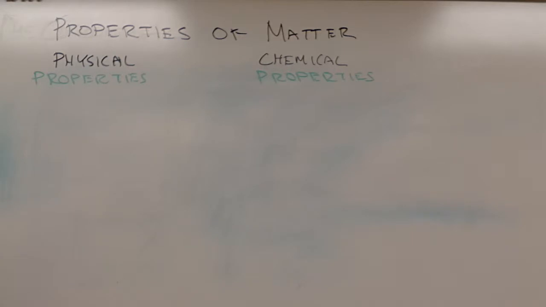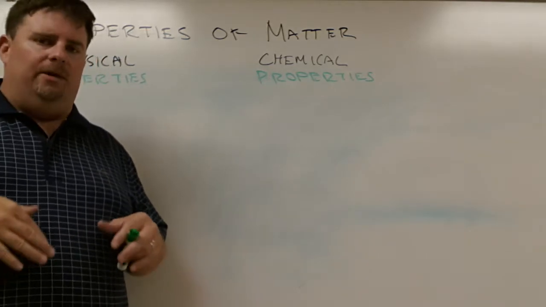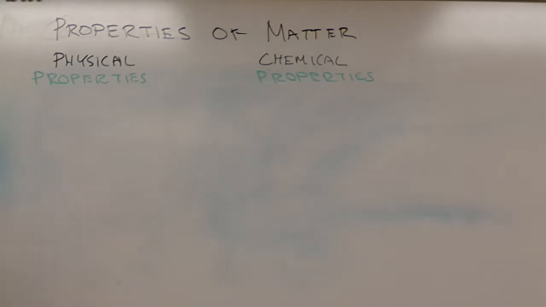Generally, physical properties are what you can observe at rest, and chemical properties happen while things are in change, in a chemical flux.